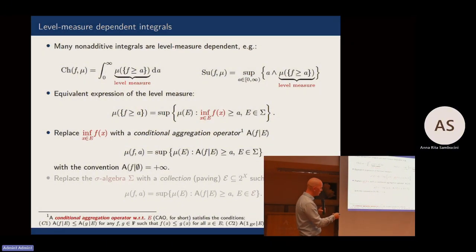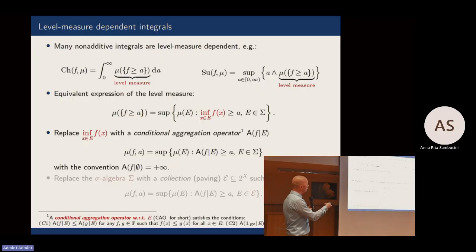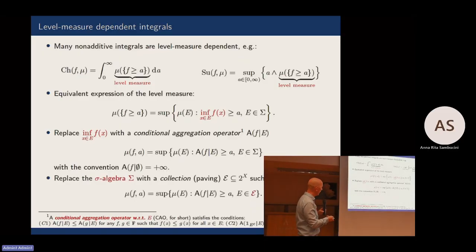And the second condition: if we have a function which produces zero values on the conditioning set E, then the aggregation should give the value zero. So what about replacing the infimum here with a conditional aggregation operator under some convention? This convention is important because if you want to have a non-empty set here, then you will have an empty set at this condition at each level a.